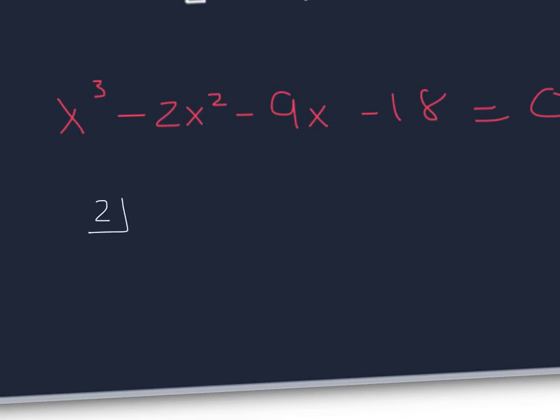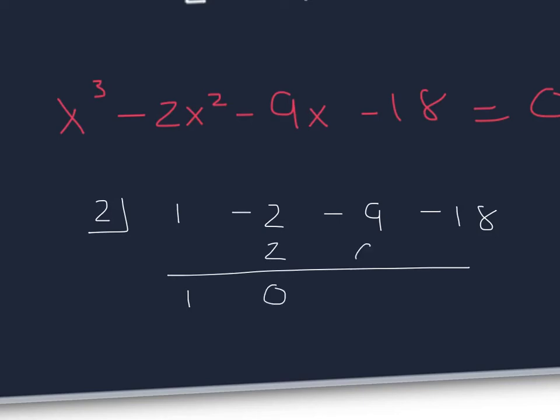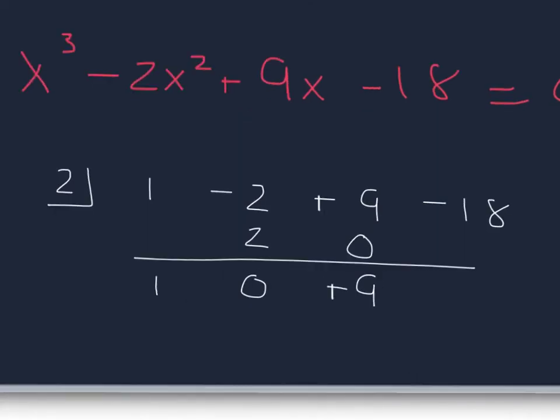So 2, then I have 1, -2, -9, -18. Bring down your first term, multiply them, add them, multiply them, add them, and then multiply them, and we're going to get 18, and our remainder is 0.